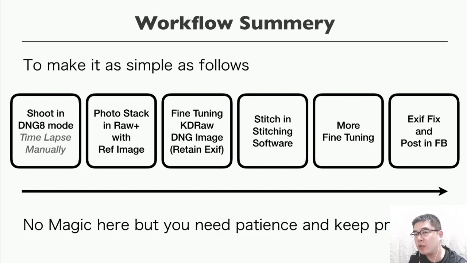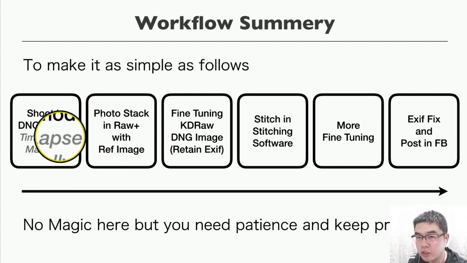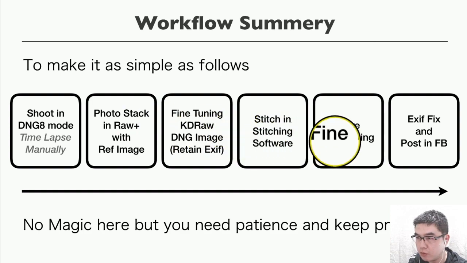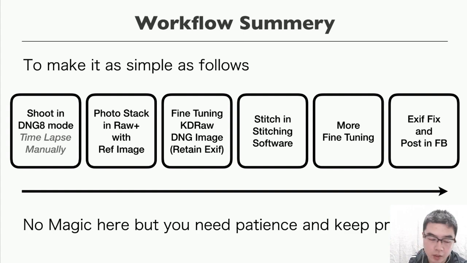To make it as simple as follows, in the last webinar, we showed you shooting DNG, photo stacking, RAW plus, fine-tuning this RAW, and stitching, then uploading to Facebook. But after today's webinar, we can add 2 more steps to the workflow for when you are shooting in a super tiny space, to get rid of all the stitching errors.